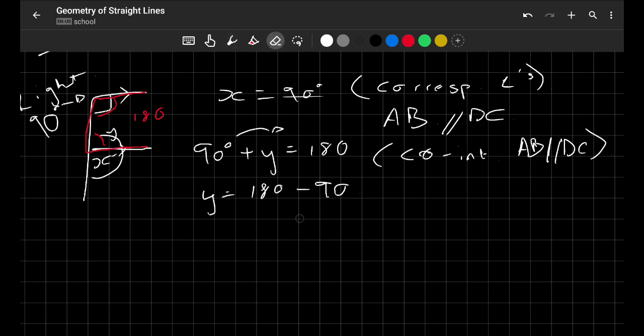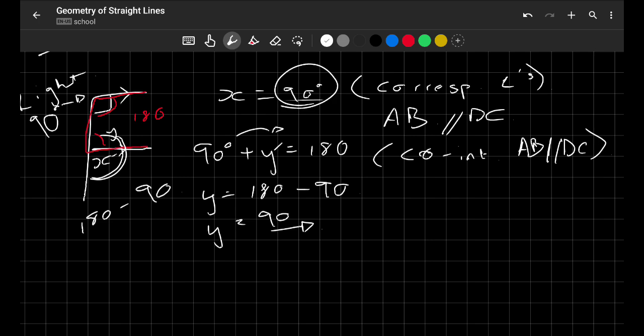I haven't given the final answer. y is equal to 90 degrees. The same way, if you had done it with angles on a straight line, you'd say 180 minus 90, because we know that x is equal to 90 there, and then you'd say y is 90 degrees, right? It's important for you to know these different ways.